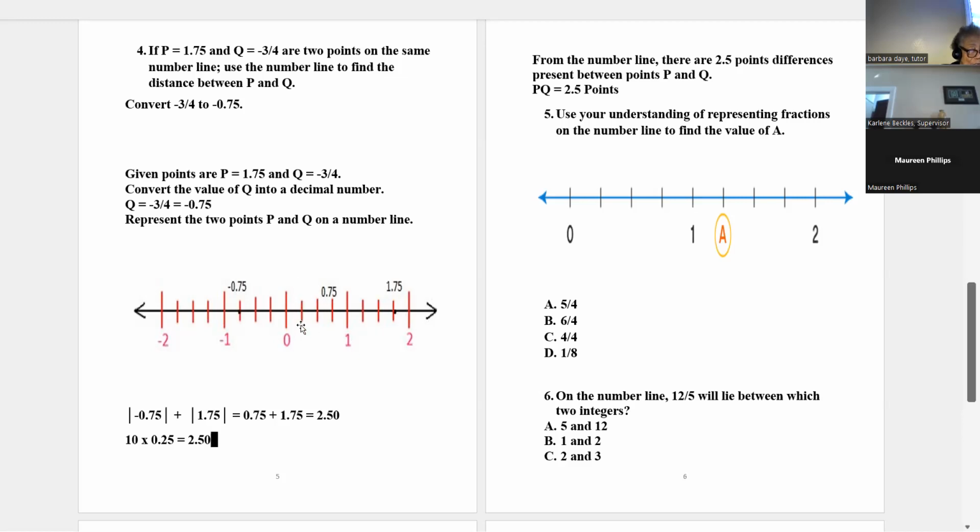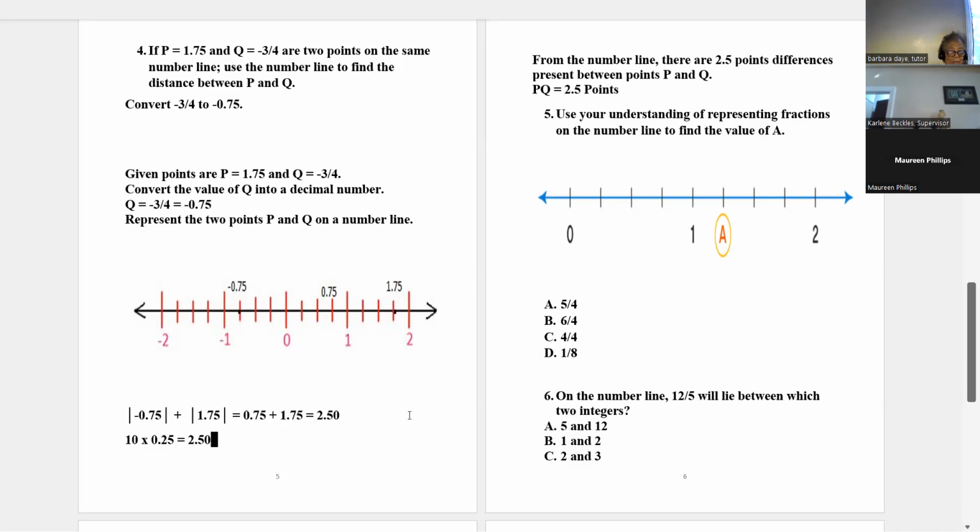So you got 0.25, 0.50, 0.75, 1. Now add 1.25, 1.50, 1.75, and then 2. Got it?